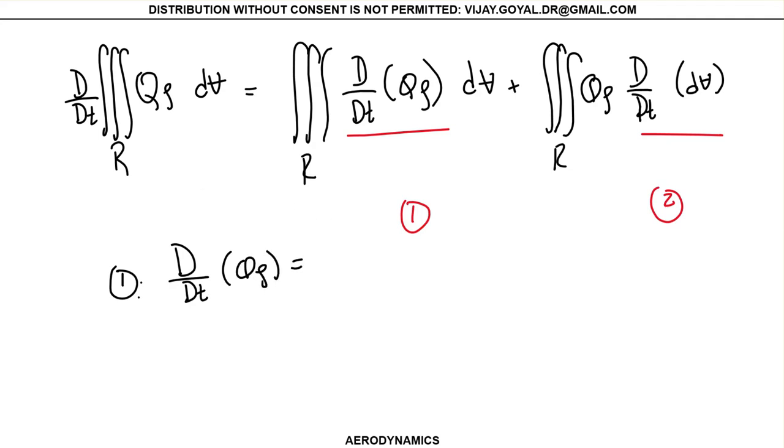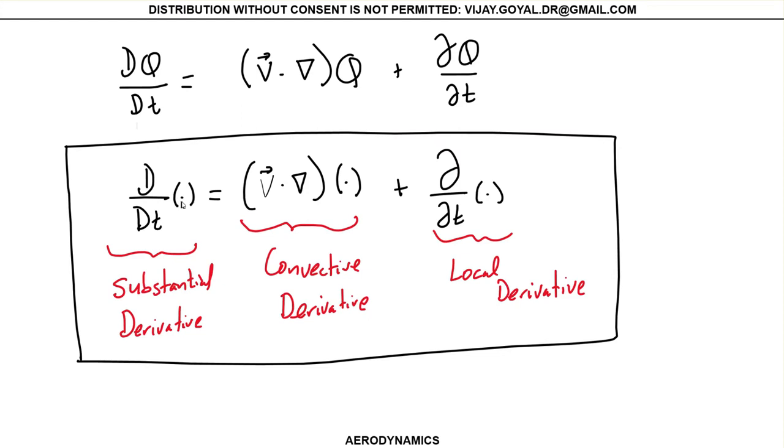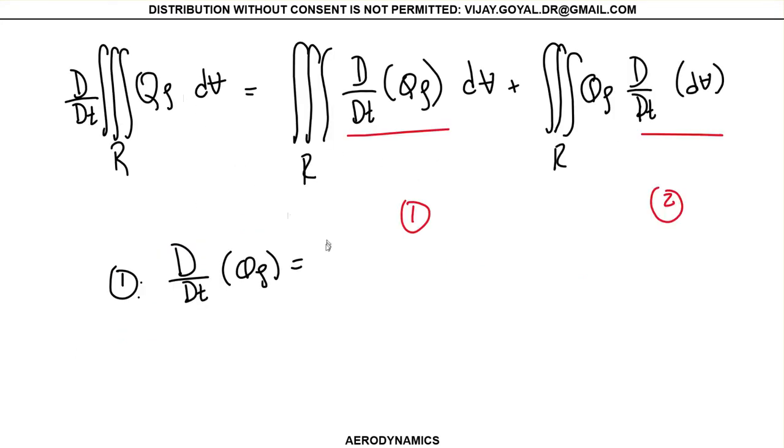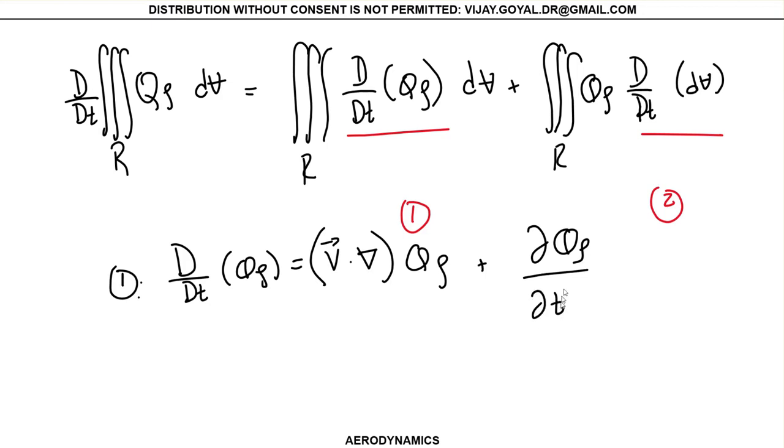And if I use the same equations here, where I have a substantial derivative, which is a convective derivative and a local derivative, I can express this using the same rule as follows: V dot gradient of Q rho plus partial of Q rho with respect to t. Now let's go to the second term.